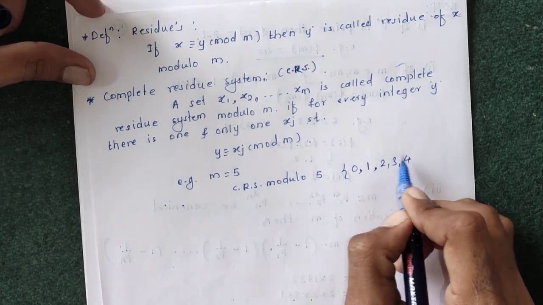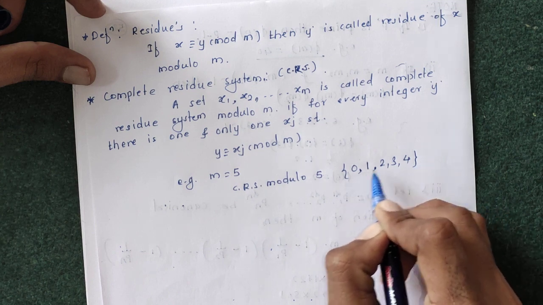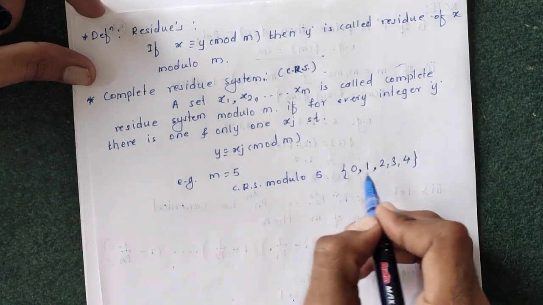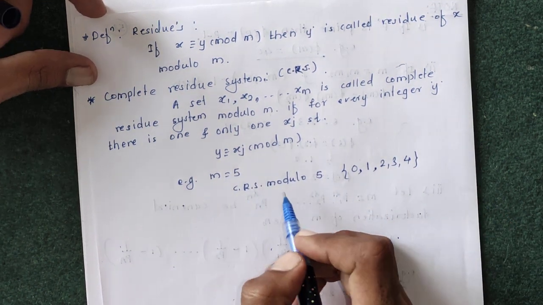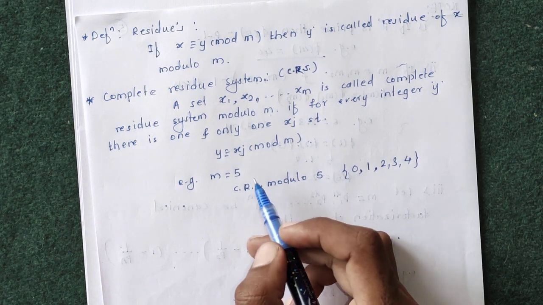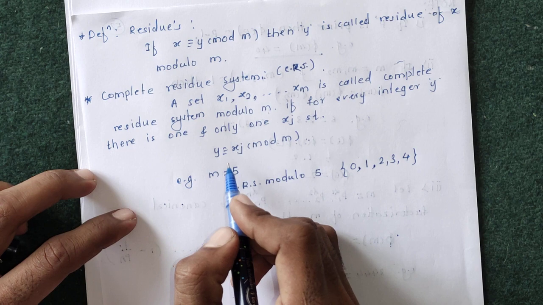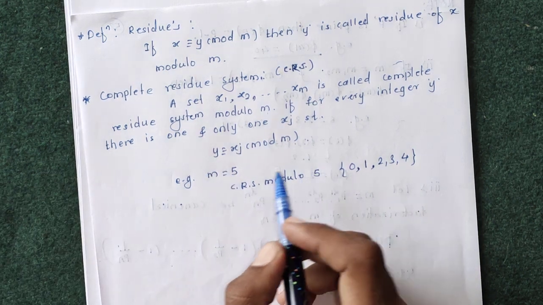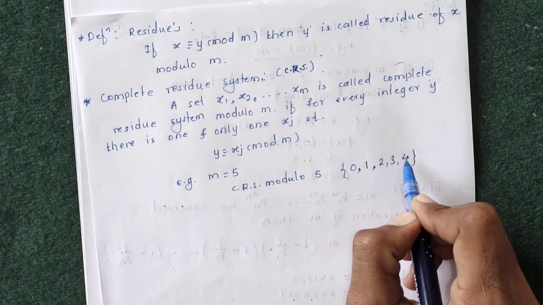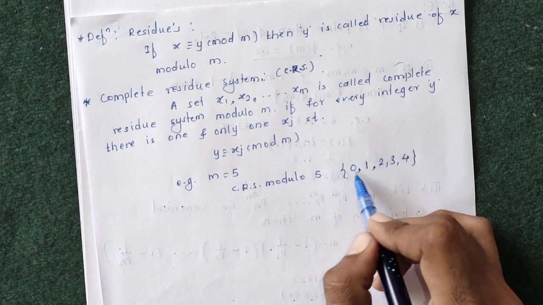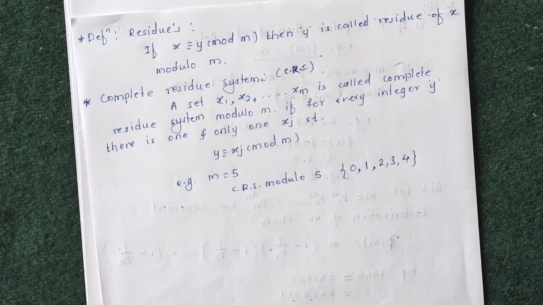There is no other remainder than these 5 integers, so all these 5 integers form a complete residue system under modulo 5. If we divide 114 by 5, we get remainder 4, so all remainders must be in this set.